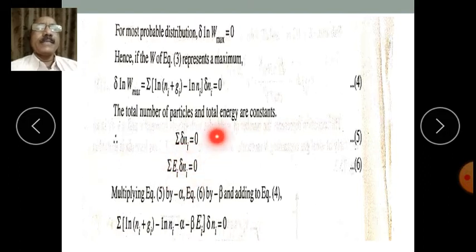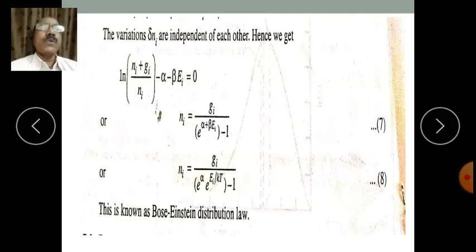We are taking this delta ni common. So what we get is log of (ni plus gi) minus log of ni minus alpha minus beta Ei, into delta ni is equal to 0.